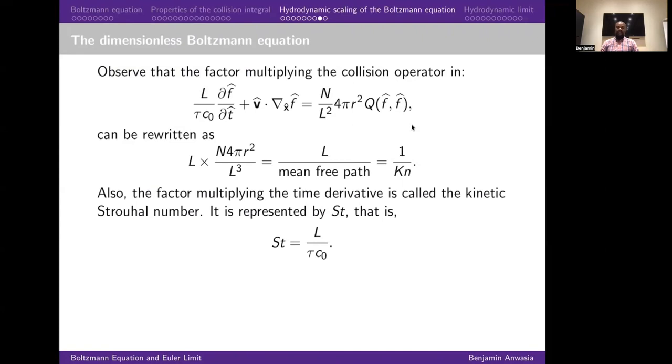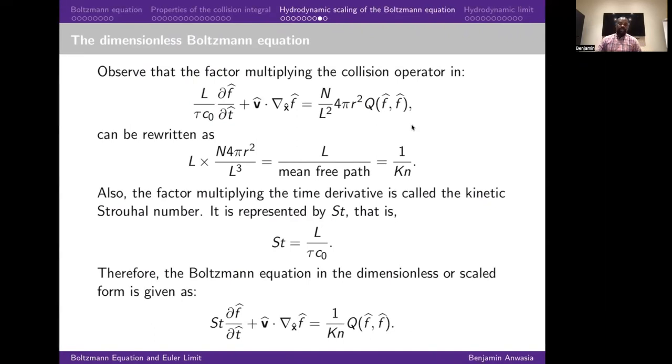It is represented by St and is given as follows. Now, by replacing this guy by St and this guy by 1 over the Knudsen number, we can rewrite the dimensionless form of the Boltzmann equation as follows.